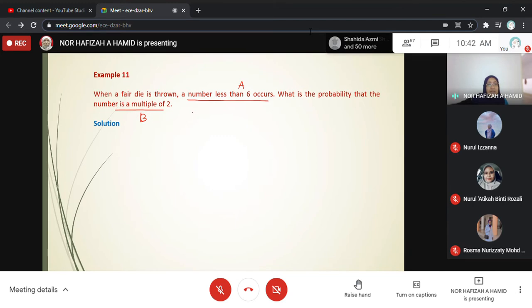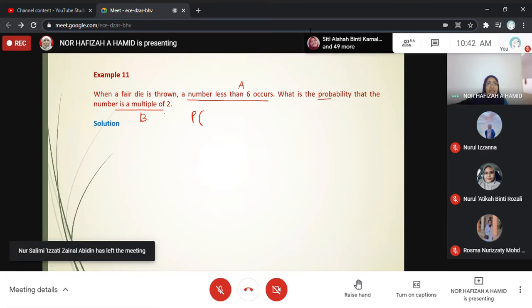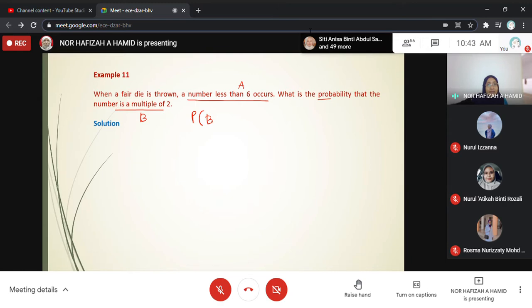First you identify whether you want to calculate event A or event B. In example 11, the question asks for the probability that the number is a multiple of 2, so we calculate for event B. So B sits at the front: probability of B given A.